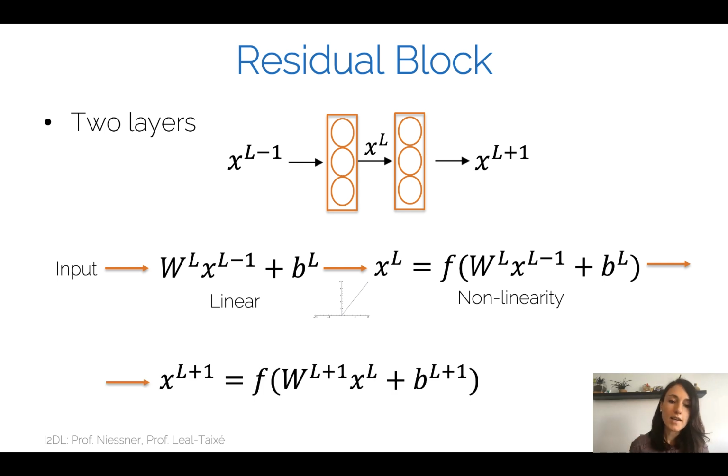And for the next layer, we're going to have exactly the same operation. We're going to take the output of layer L, which is XL, and we're going to process it with the weights and biases of layer L+1. And this will give us the output XL+1. Again, remember that F is the nonlinearity that is applied on top of the linear operation. So this is the operation that is happening inside this block.